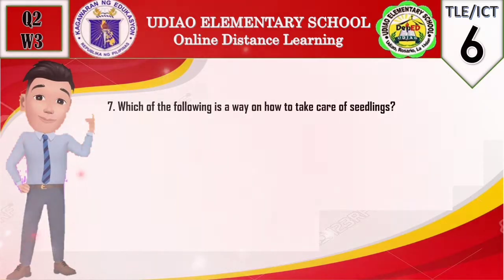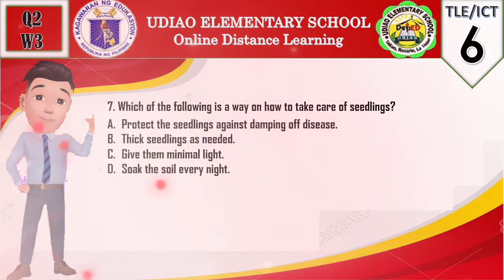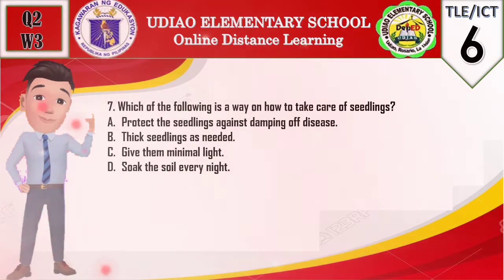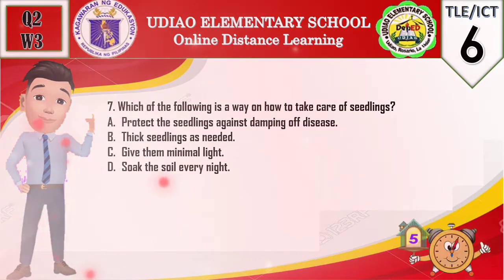Number 7. Which of the following is a way on how to take care of seedlings? A. Protect the seedlings against damping off disease. B. Take seedlings as needed. C. Give them minimal light. D. Soak the soil every night.